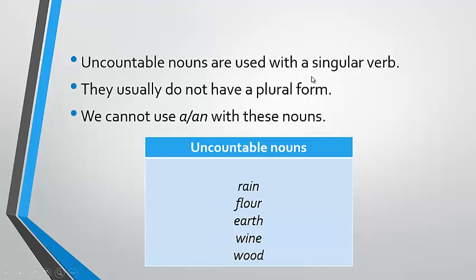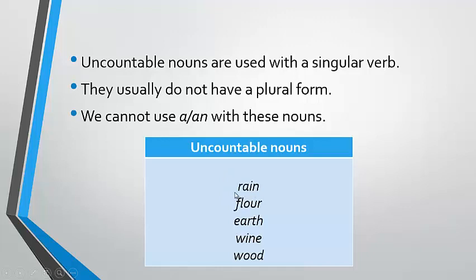The uncountable nouns are used always with a singular verb, and they don't have a plural form. And also, we cannot use a or an like in countable nouns. For example, rain.